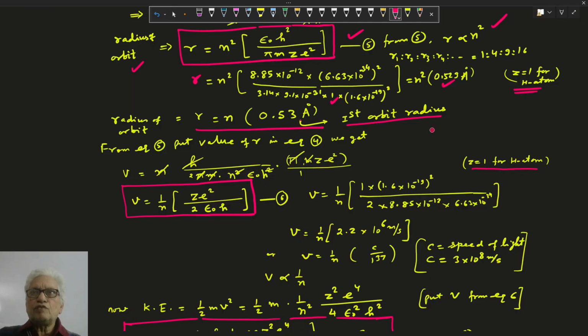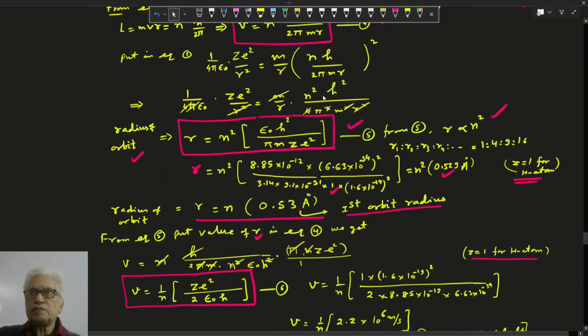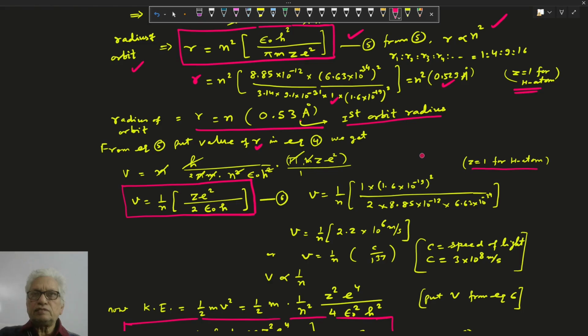Here we put the value of r in equation 4 to find the speed of the orbiting electron. After solving, we get the speed of the electron in a particular orbit n. Putting Z equal to 1 for hydrogen atom, we get v is equal to 1 upon n, 2.2 into 10 power 6 meter per second, or c upon 137, where c is the speed of light.